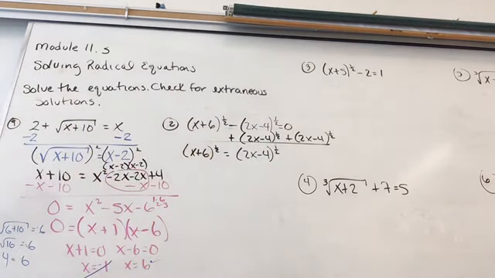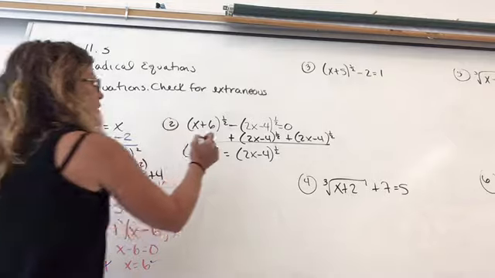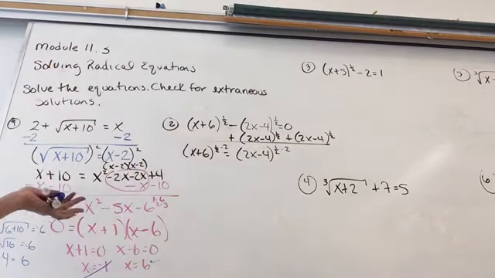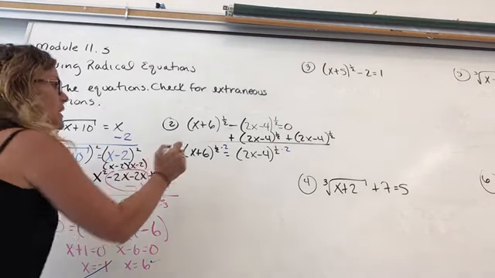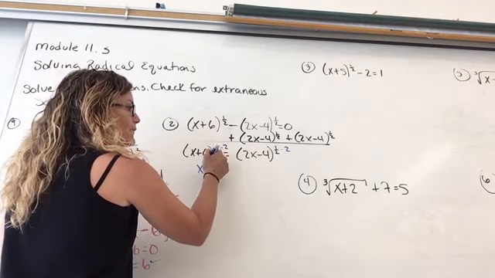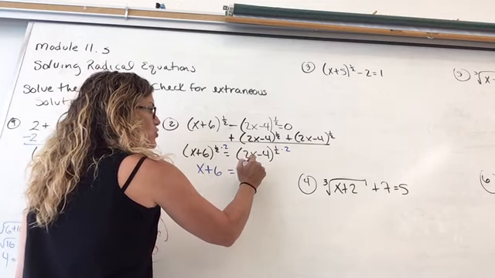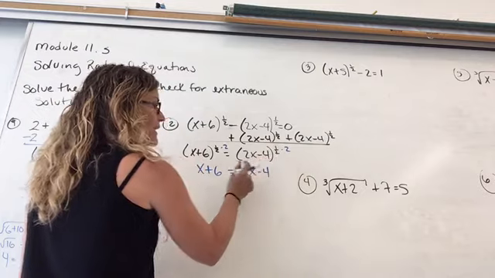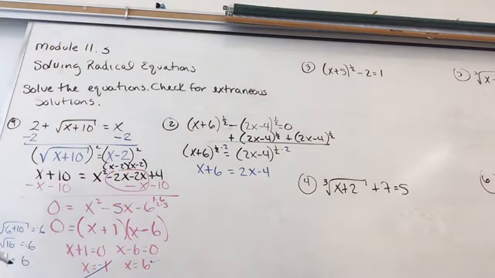Now, I don't want to rewrite these as radicals. I am simply going to raise them both to the power of 2, because I can do that as long as I'm doing the same to both sides. It's all legal. When I do that, I just get x plus 6, because 1/2 of 2 is 1, equals 2x minus 4, because again, 1/2 of 2 is 1, and anything to the first power is just itself.